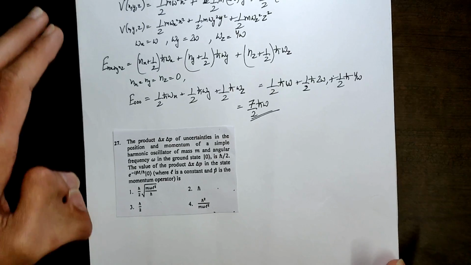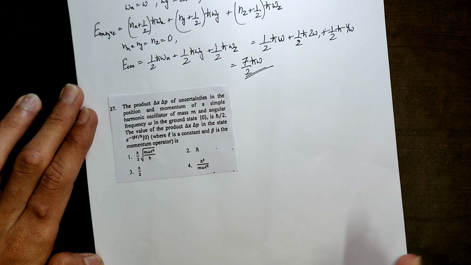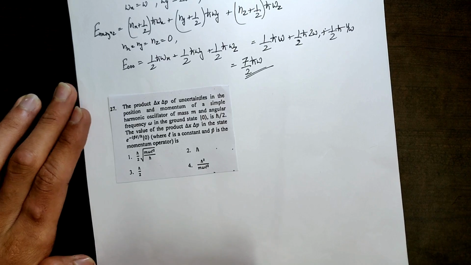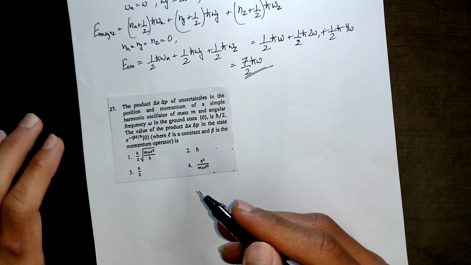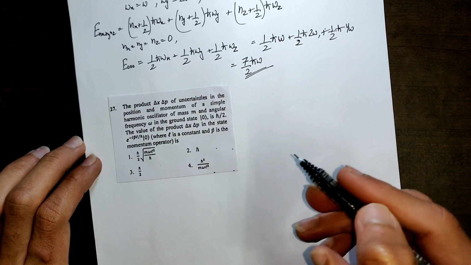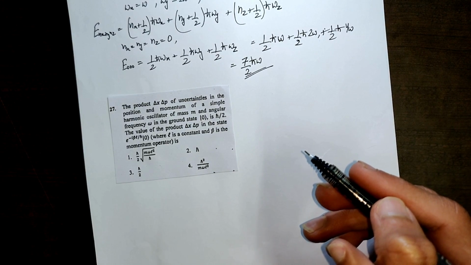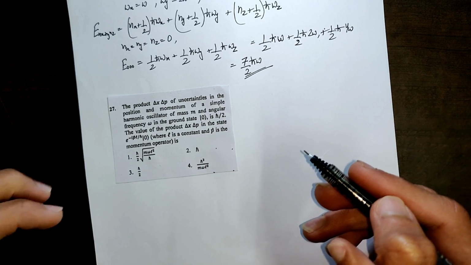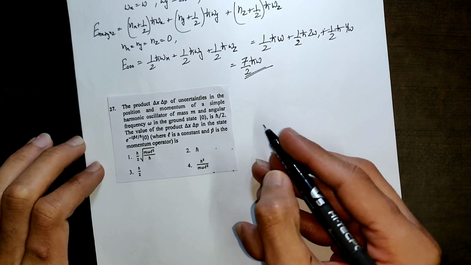Now the next question: the product delta x into delta p of uncertainty in the position and momentum of a simple harmonic oscillator of mass m, angular frequency omega, in the ground state ket 0 is h cross by 2.